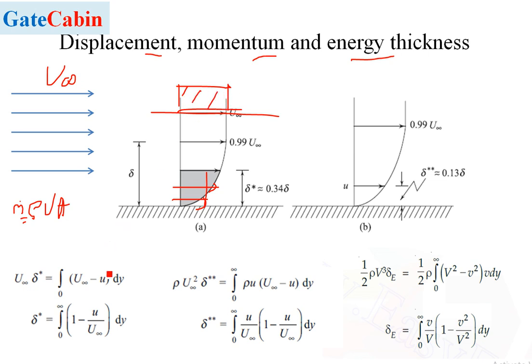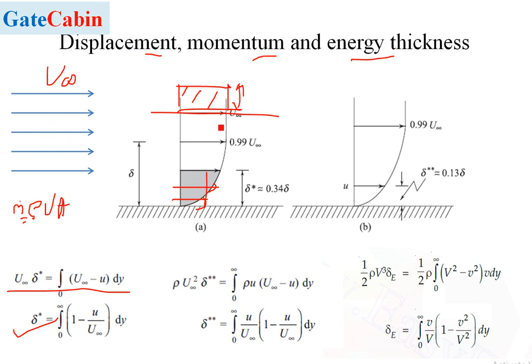So we calculate the loss of mass from this formula, and the displacement thickness covers the loss of mass: how much we have to displace this thickness to make the mass comparable to the initial free stream flow.